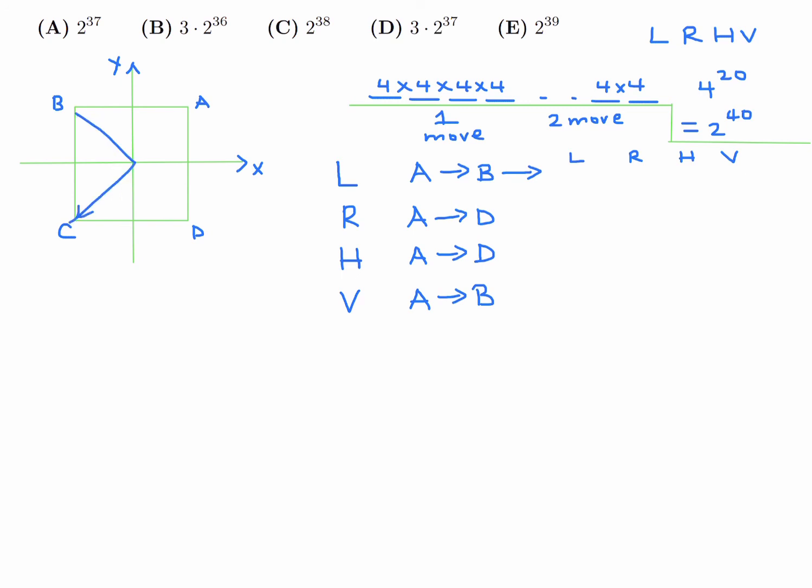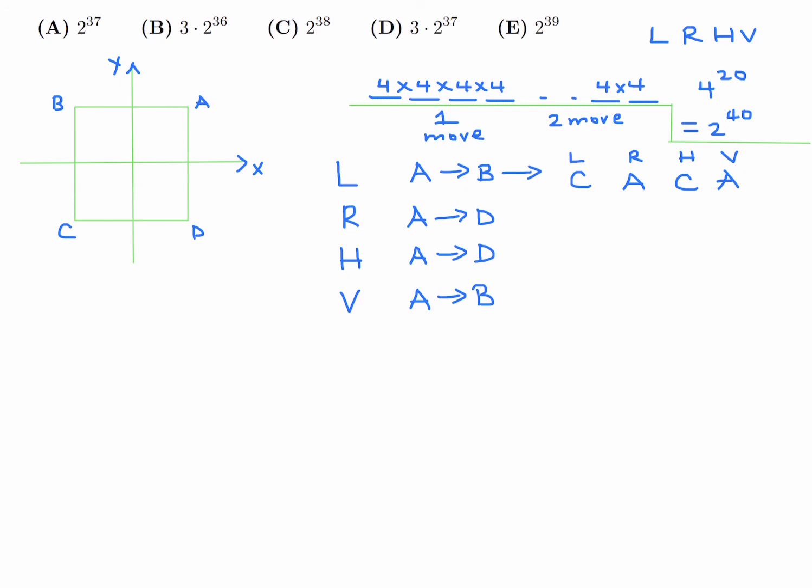So it'll end up at C. And when it's rotated 90 degrees in the other direction, it'll go to A. And then reflected in the x-axis, B will end up at C. And when it's reflected in the y-axis, it'll end up at A.